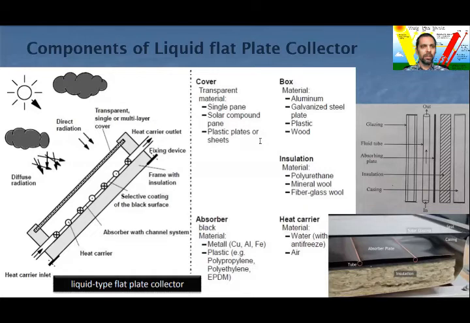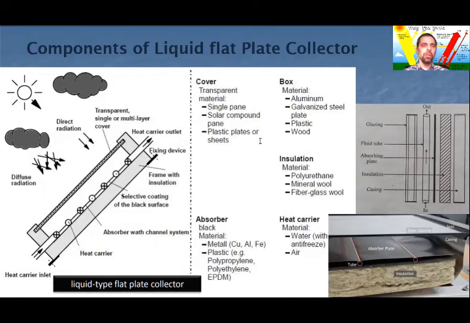Then, inside, tubes, fins, or passages for conducting or directing the heat transfer fluid from the inlet to the outlet. A heat transport fluid to remove the heat from the absorber. Black absorber plate, which may be flat, corrugated, or grooved with tubes, fins, or passages attached to it. It can be metal or plastic.